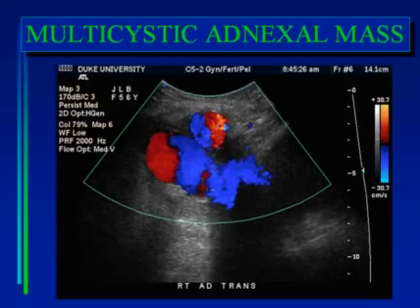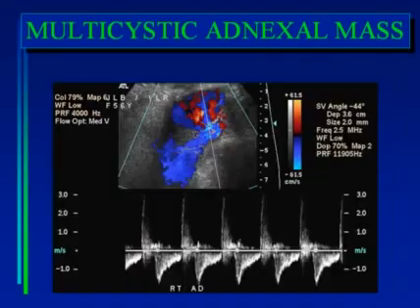When one puts color on the cystic component, it fills completely with color Doppler, indicating it's vascular. And then when one scans the structure that looked like a linear fetal spine, you can see it's actually a vascular structure with blood flow within it.